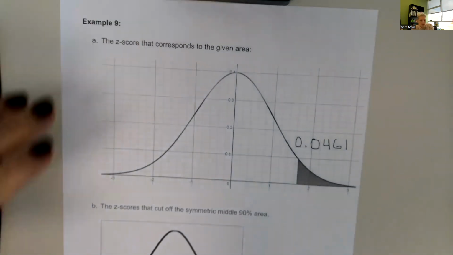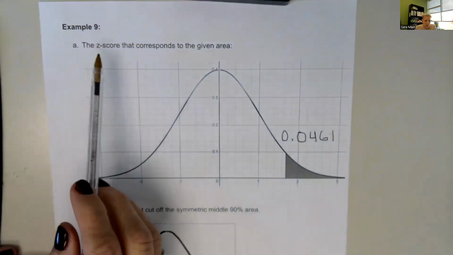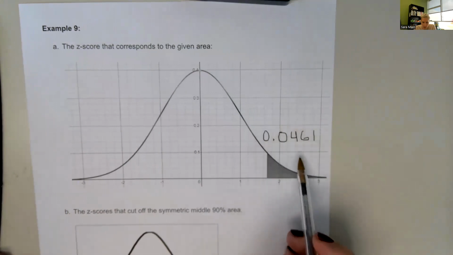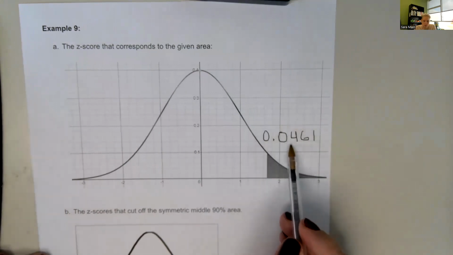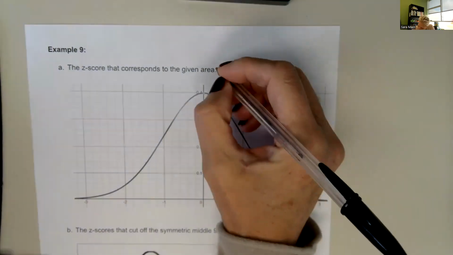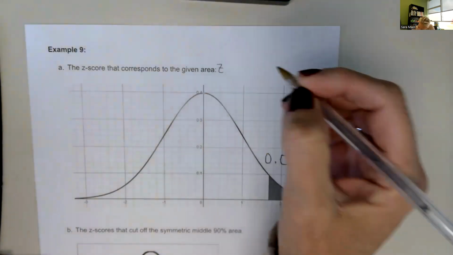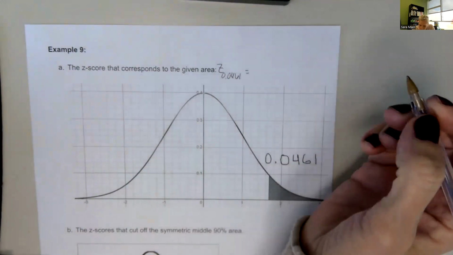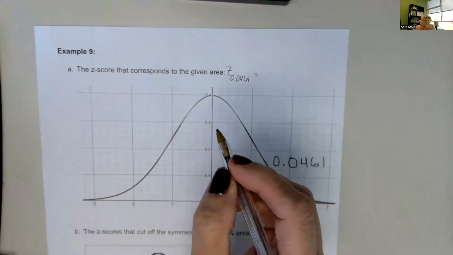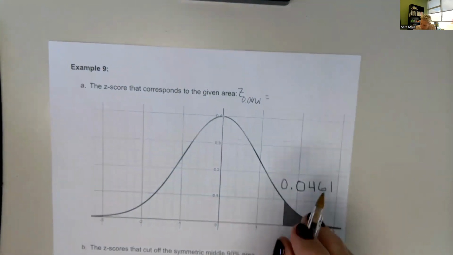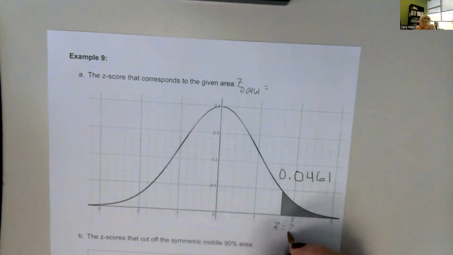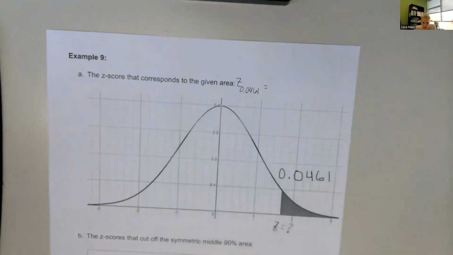Example 9 says, find the z-score that corresponds to the given area. So the area is on the right that we're looking at, 0.0461. So z of 0.0461 equals what? And we want to find that z-score. So we're going to use the inverse because we're trying to find this z value here.